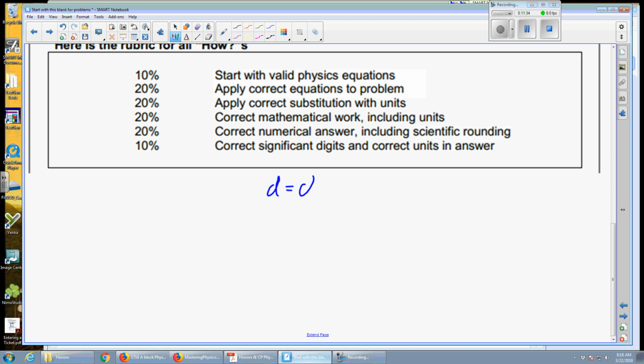Where I end up is where I started, how I was moving when I started, and how long I moved, plus how I was accelerating and how long I moved. Right? My complete kinematics equation.